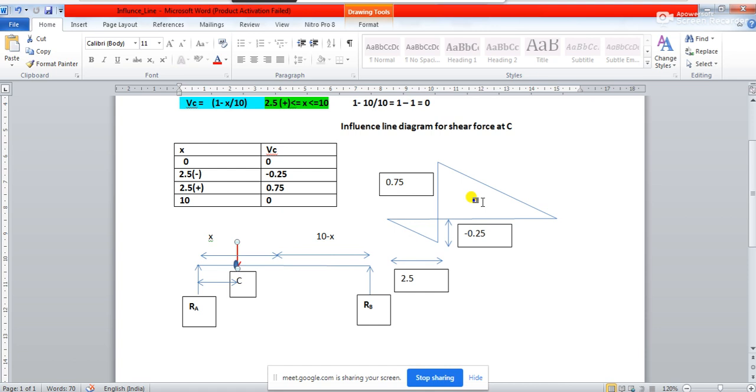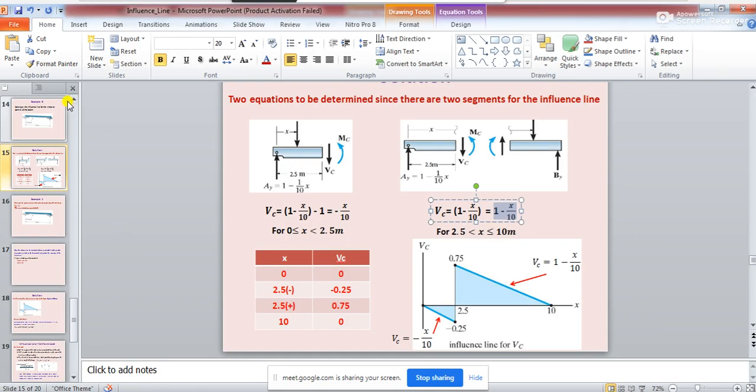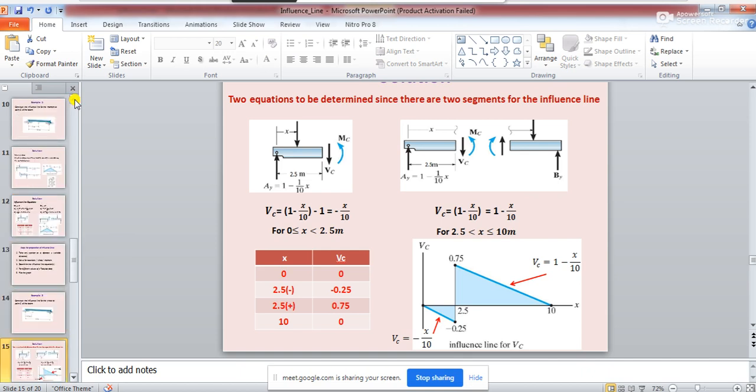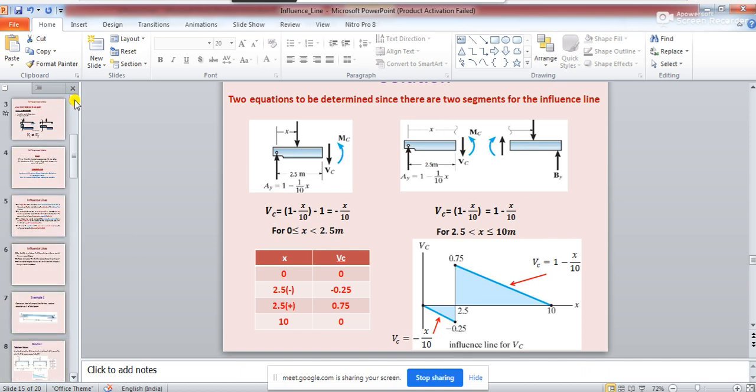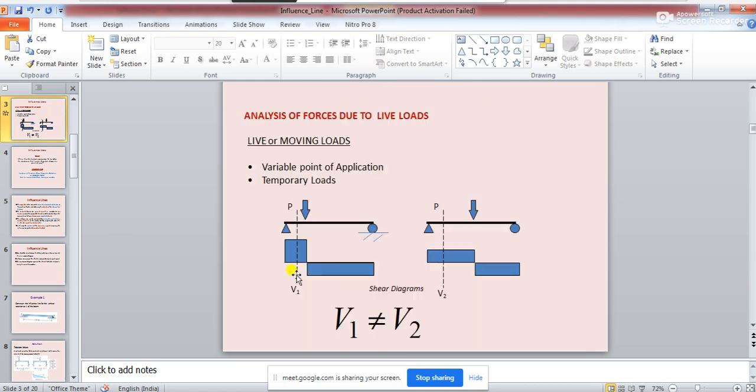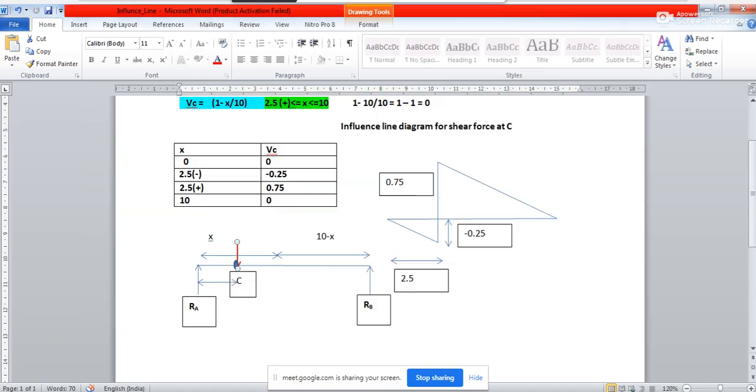If you place the load at C, I have explained it at the initial stage of our discussion. I'll just go back to the slide and show you. See, the shear force diagram will look something like this, right? And for different positions of the load, the shear force was varying, and this variation of shear force ideally will be linear like this.